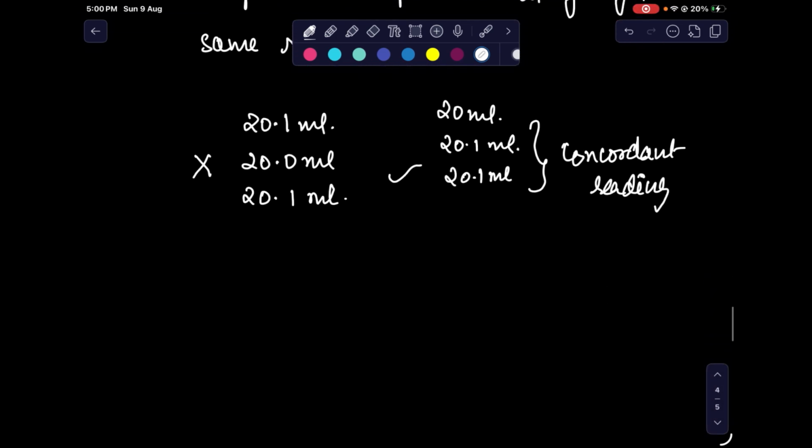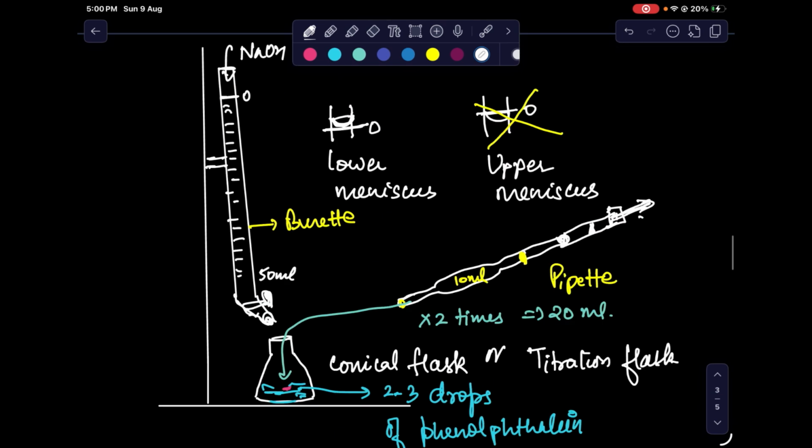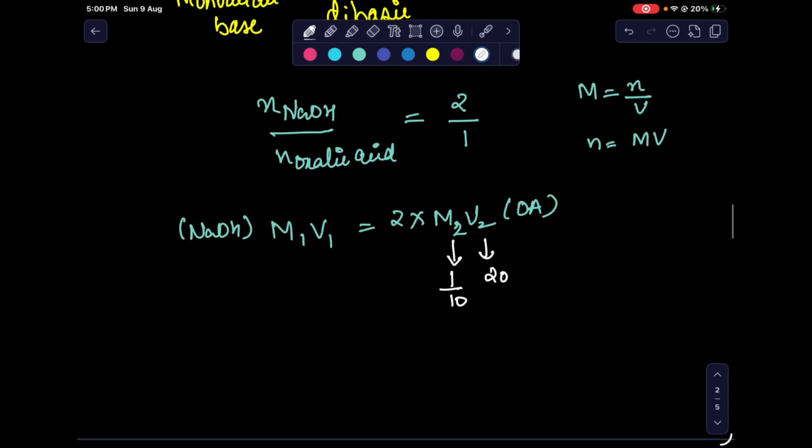Now you have got the volume of NaOH which is used to complete the reaction. Suppose I get the value of 20, my volume of NaOH used, I can read from the burette is 20 ml. So I'll do the calculation.